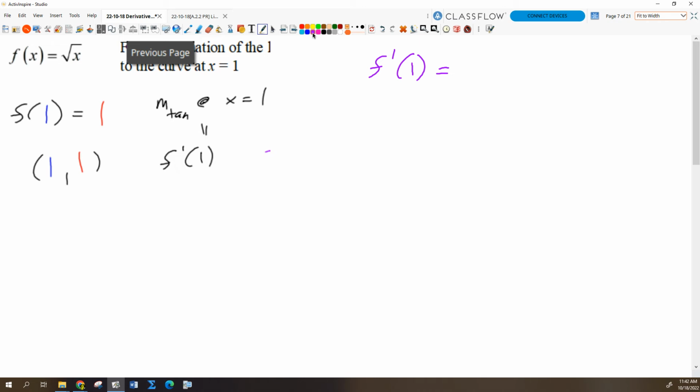So we could write this as the limit of f of 1 plus h minus f of 1 over h as h approaches 0. What's that saying right there? Wouldn't you agree that that is saying f prime of 1, right?